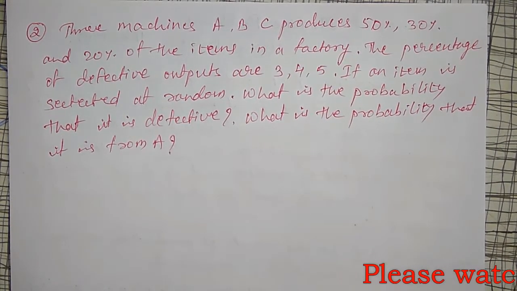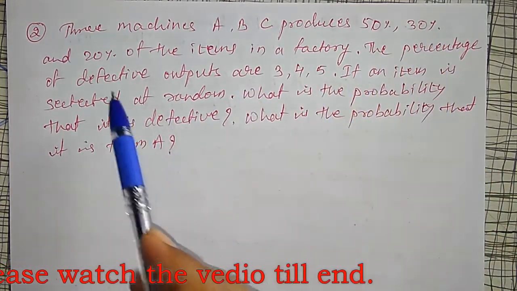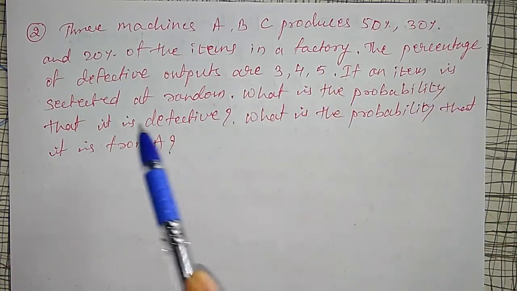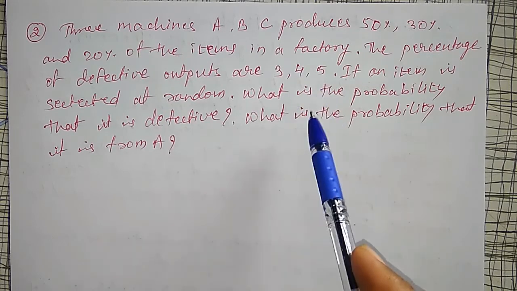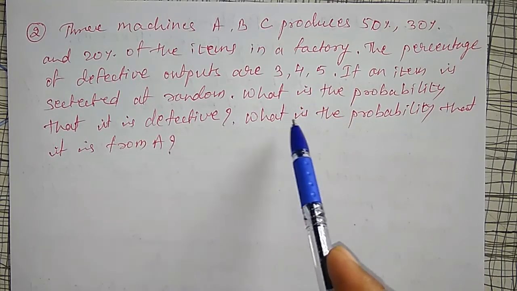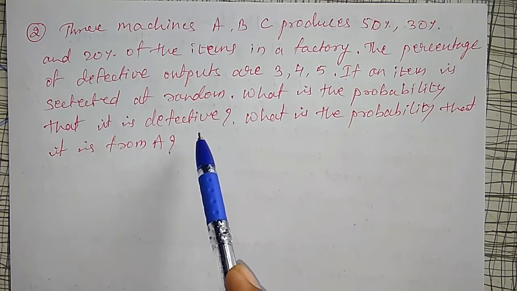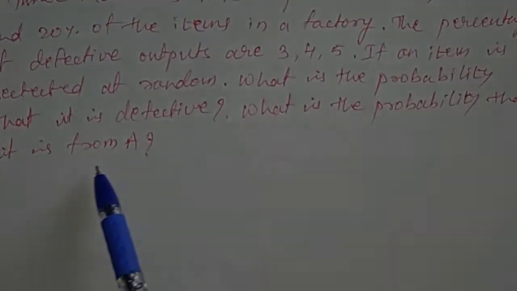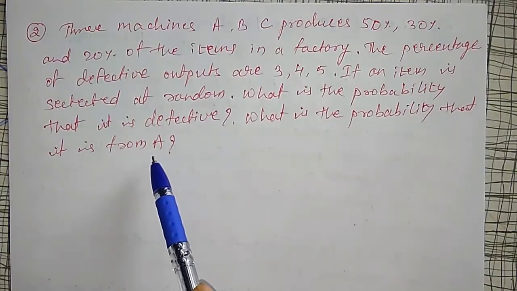Another machine problem I'm going to solve here. Three machines A, B, C produce 50%, 30% and 20% of the items in a factory. The percentage of defective outputs are 3, 4 and 5. If an item is selected at random, what is the probability that it is defective? What is the probability that it is from A?